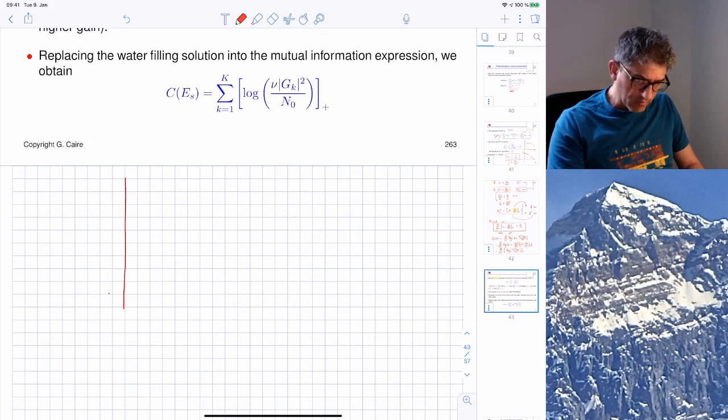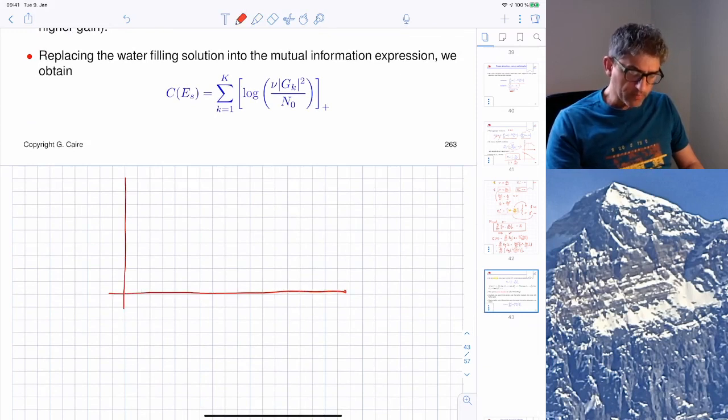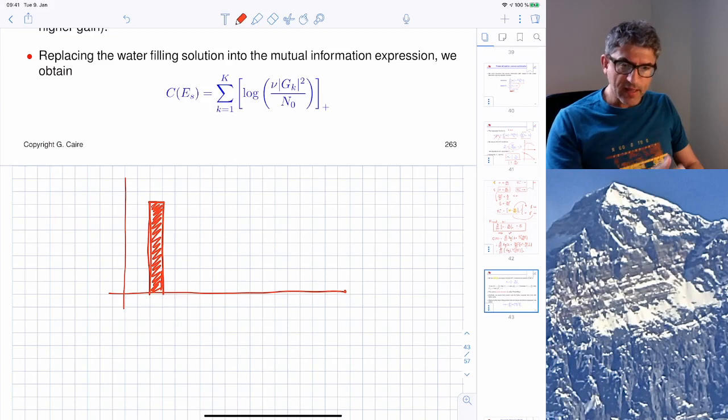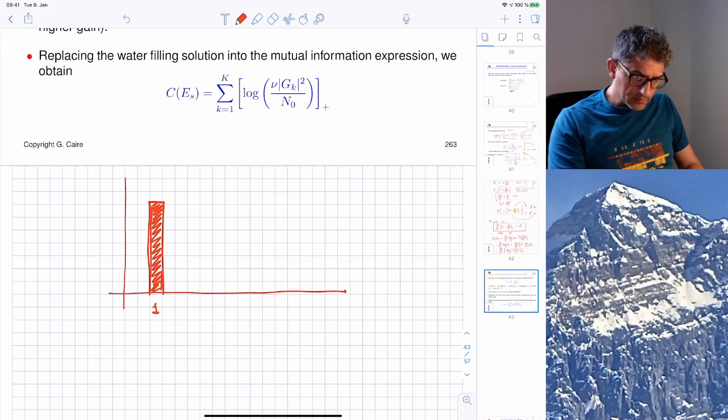Imagine that we have our parallel channels here, and we plot these levels n0 divided by g squared for each parallel channel. So without loss of generality, let's assume that channel 1 has the smallest gain, so the value n0 divided by g squared is large.